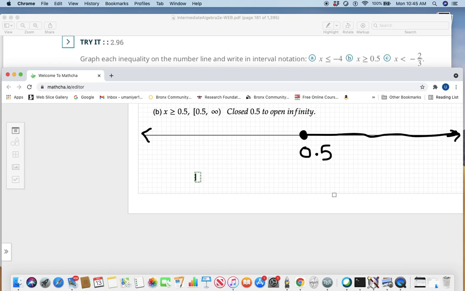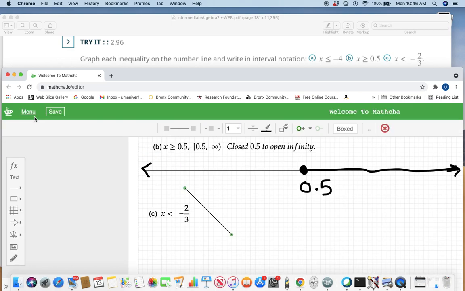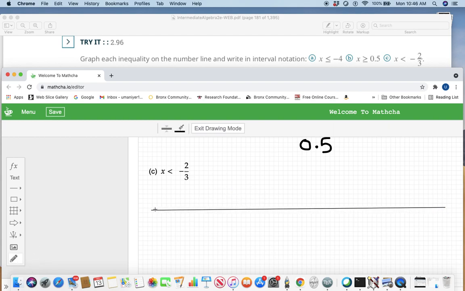x less than negative 2/3, right? So let's try. x less than negative 2/3. All right. So let's draw our line. Somewhere here is negative 2/3.